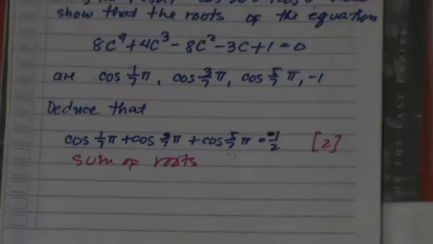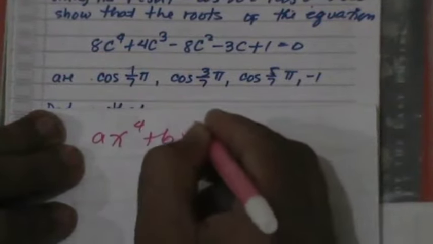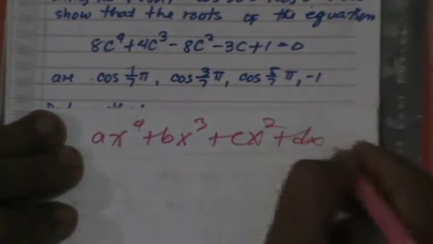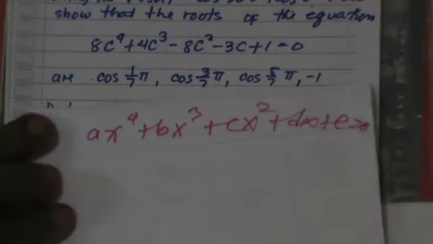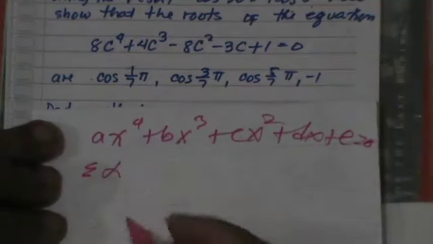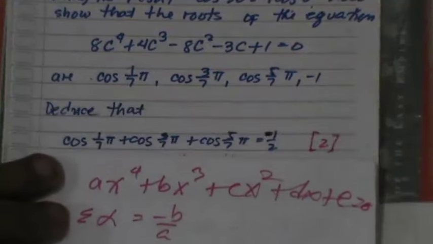Remember, if you have a polynomial ax to the fourth plus bx cubed plus cx squared plus dx plus e equal to 0, we have said that the sigma of the roots is equal to the negative b over a.